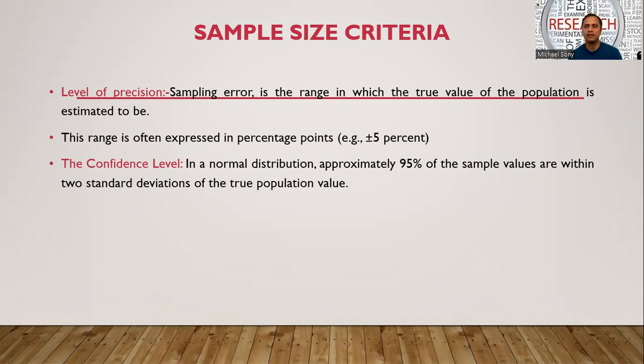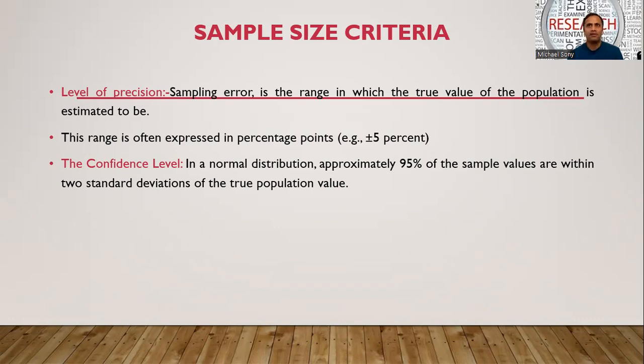Now, sampling is an estimation we are doing about the characteristics or parameters of the population. So, we need to state how confident we are that this is the true representation of the population. Here we have something called confidence level, which is usually the alpha level of significance.